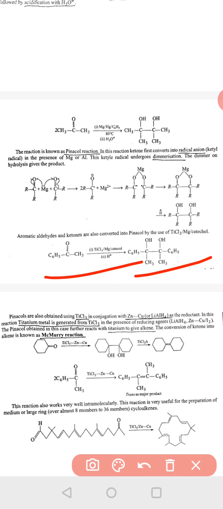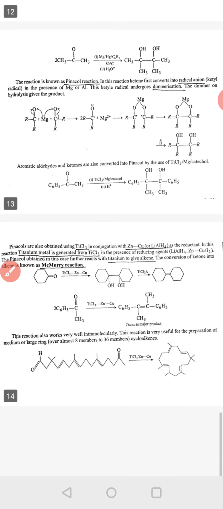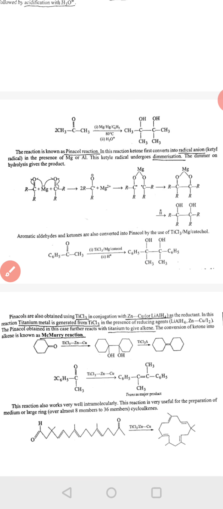Pinacols are also obtained using titanium chloride in conjunction with zinc copper or lithium aluminum hydride. In this reaction, titanium metal is generated from titanium chloride in the presence of a reducing agent.